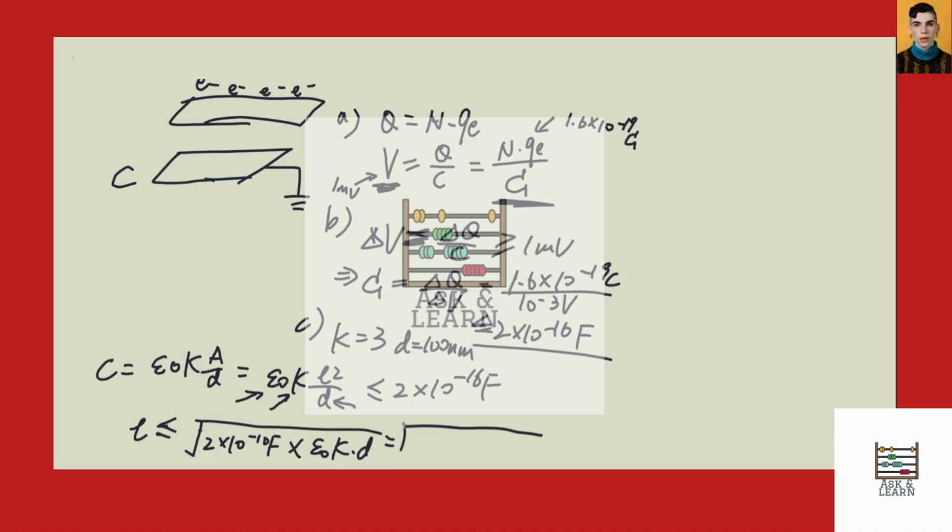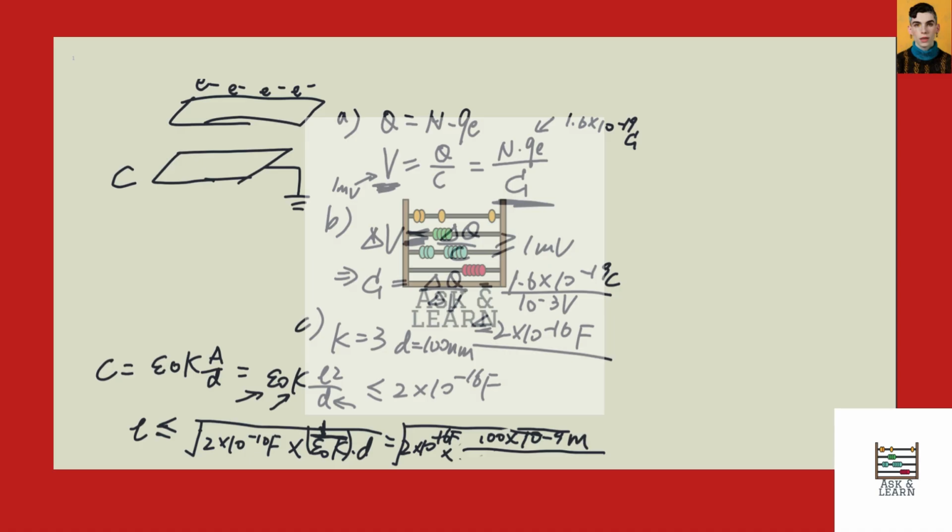Okay, so we can use the numbers: 2 times 10 to the negative 16 farad times, oops, I'm sorry, these two numbers are supposed to be in the denominator, 1 over epsilon K. In the numerator we should have d, which is 100 nanometers, so that's 100 times 10 to the negative 9.